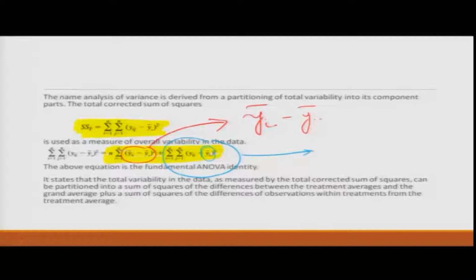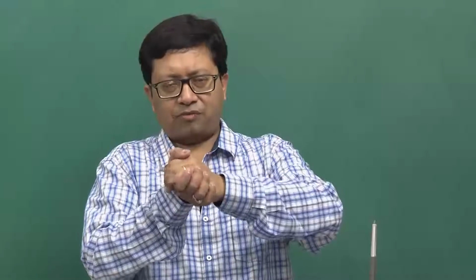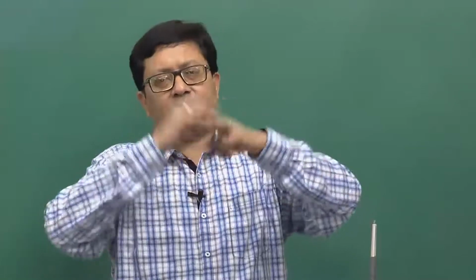It states that the total variability in the data, as measured by the total corrected sum of the squares, can be partitioned into two parts. One is the sum of the squares of the difference between the treatment averages and the grand average, plus the sum of the squares of the difference of the observations within the treatment from the treatment average. So one is between samples and one is within the sample.